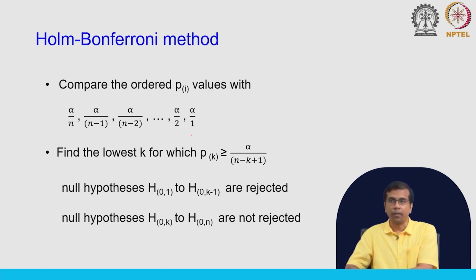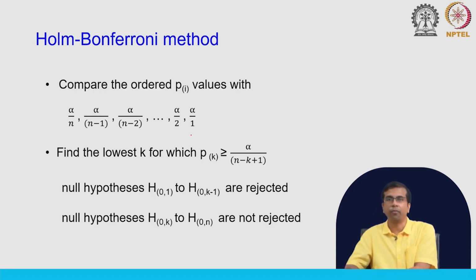So, you now understand, because these p values are sorted, the first p value that crosses that threshold, or is equal to that threshold, then the rest of the p values after it will automatically be greater than their cutoffs.